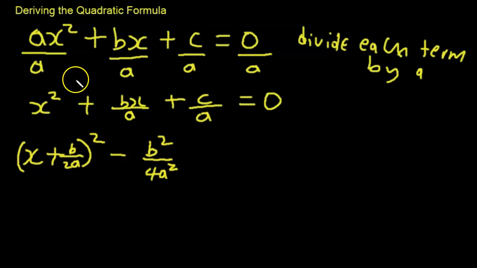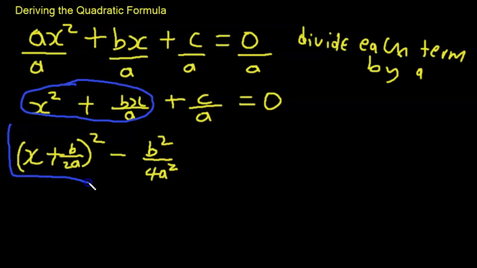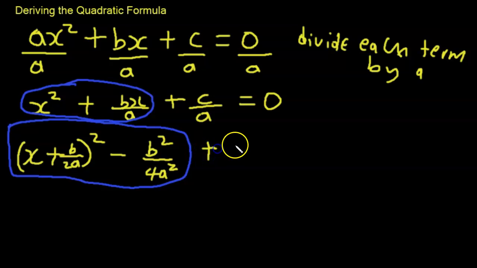So all of what we just wrote here is represented by that. Alright? And we have our plus c over a equals 0.